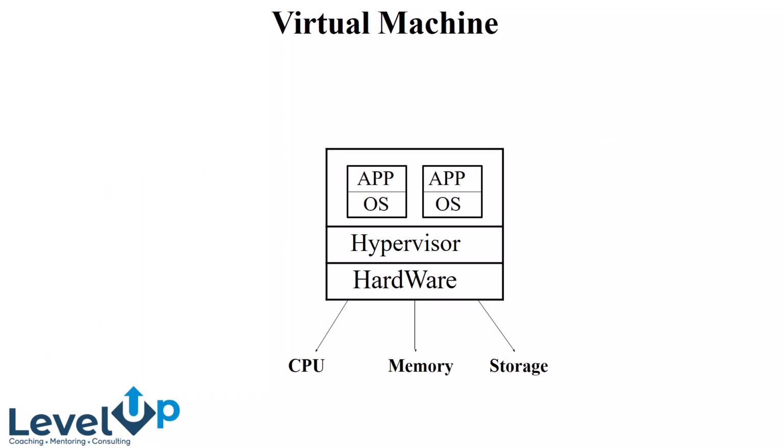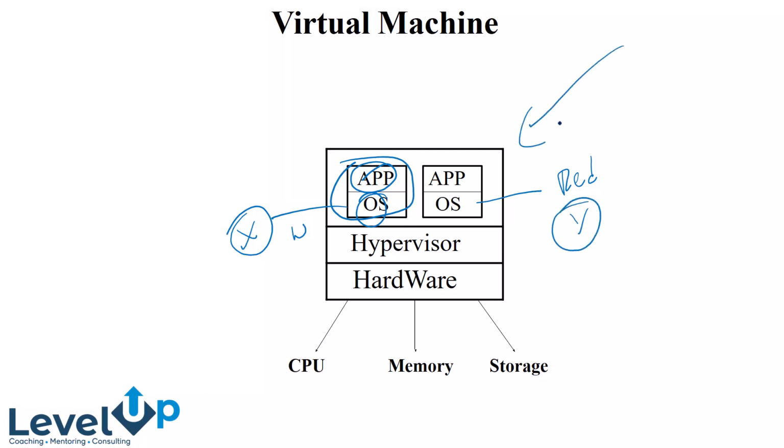On top of the server we have the application. Here I can install a Windows operating system for application X. Here I can install a Red Hat Linux operating system for my application Y. So now the server is one only. With the help of the hypervisor, I am creating a logical server, or you can call it a virtual server.